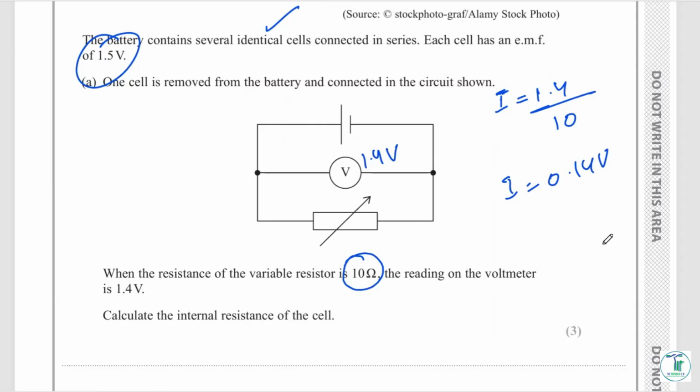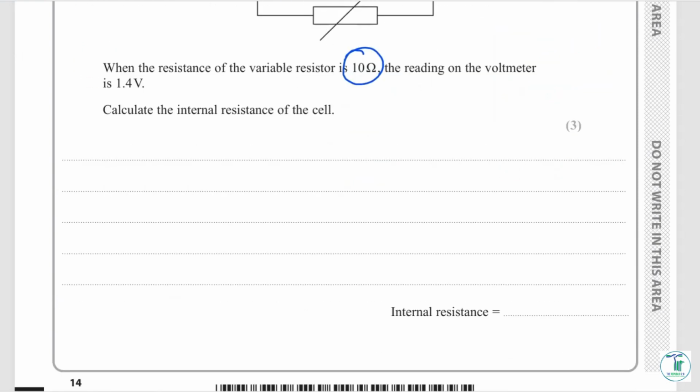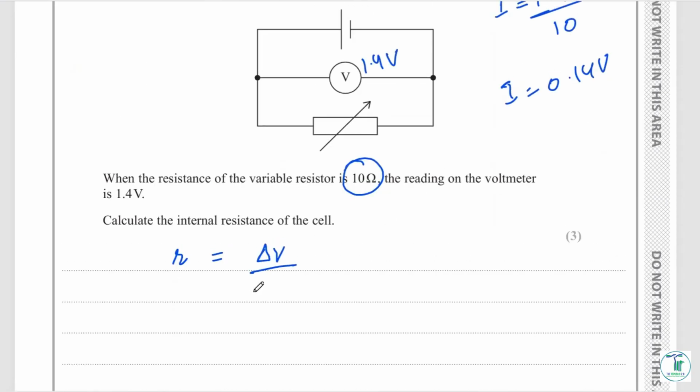But now I need to calculate the resistance of the battery itself. So you can see that the internal resistance, remember that the formula for the internal resistance would always be the difference between the EMF and the potential difference, divided by the total current that is flowing through the battery, and that has to be 0.14.